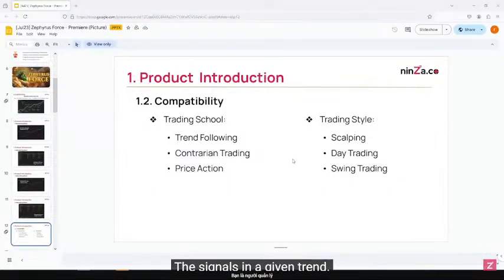Okay, so this system is basically based on price action. It is definitely trend following. It identifies a trend first, then it waits for a pullback. It has two kinds of pullbacks, right? The Fibonacci retracement and the pullback into the cloud, the PA signals.